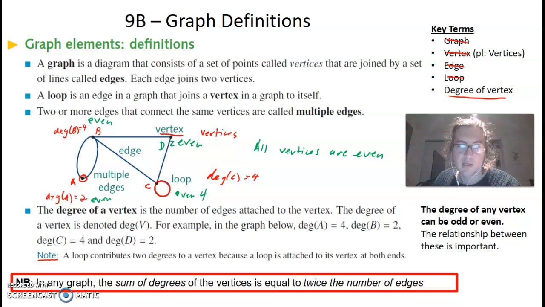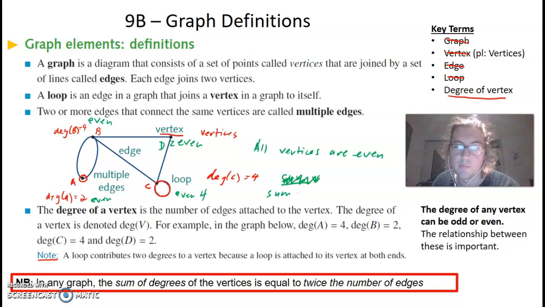Last key important point from this lesson is in any graph, the sum of the degrees of the vertices is equal to twice the number of the edges. So if I was to find the sum of V, where V means vertex, I might copy that out properly.